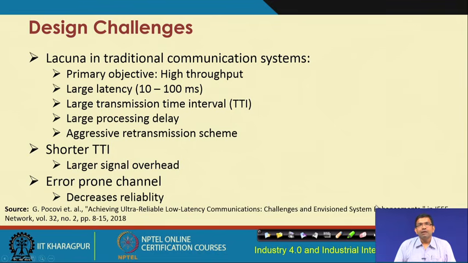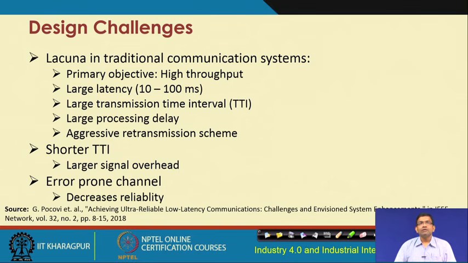Design challenges. There are different challenges with the traditional communication systems with respect to throughput, latency, and TTI. TTI is basically transmission time interval. The processing delay, TTI, and latency are all quite high, and the throughput is also an issue with the traditional communication systems.